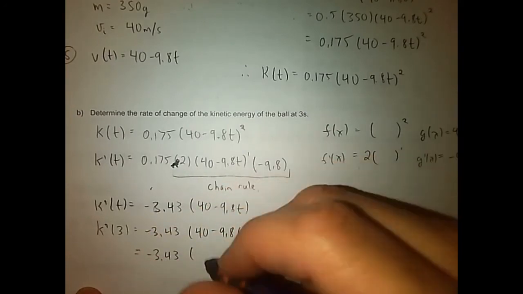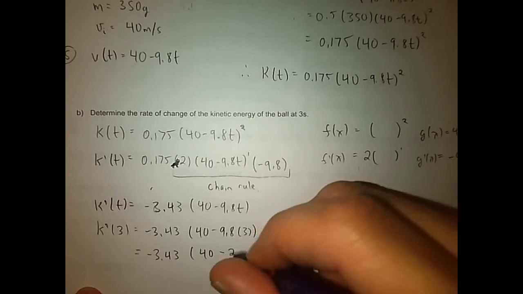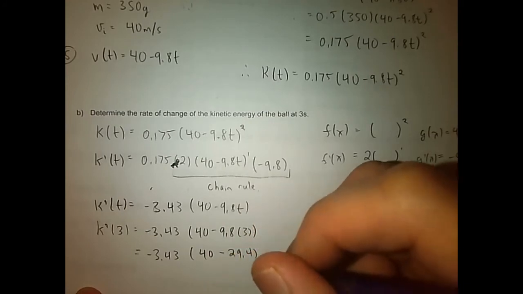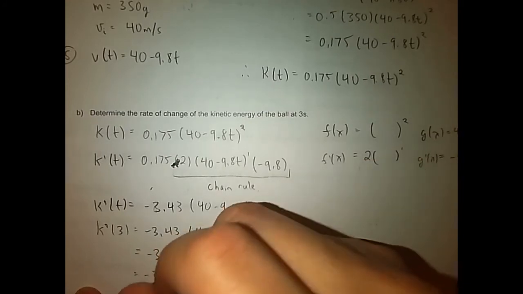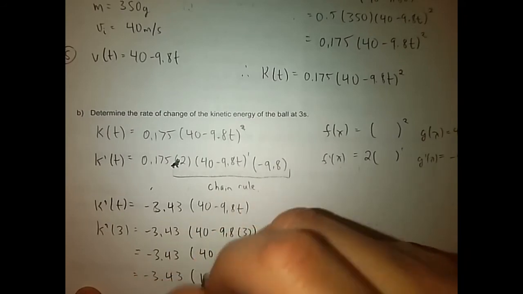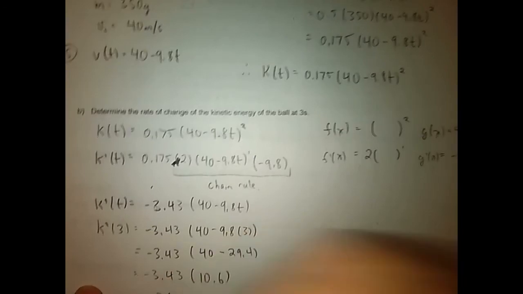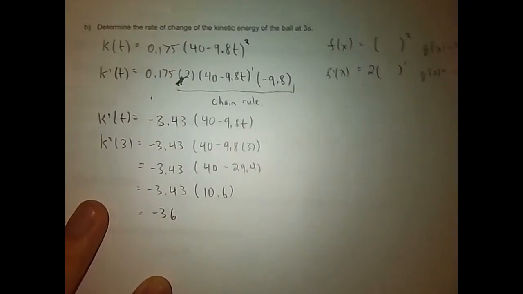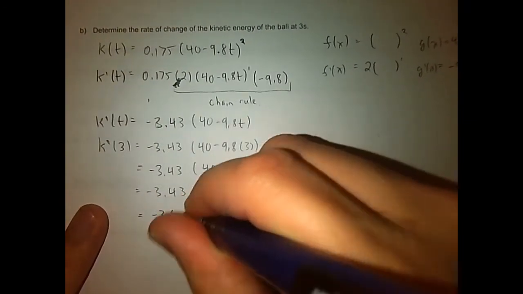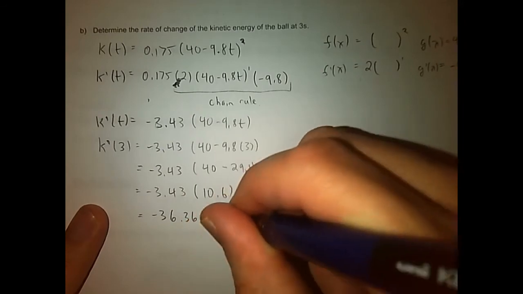I get 40 minus 29.4, negative 3.43 times 10.6, and I get negative 36.36 joules per second.